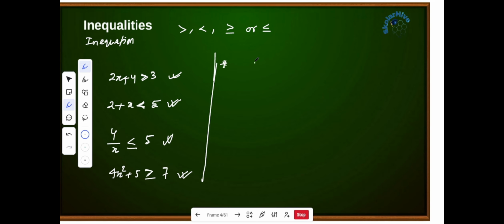Now if we have an inequality A less than B and B less than C, then we'll get that A will be less than C. This we call the transitive property.